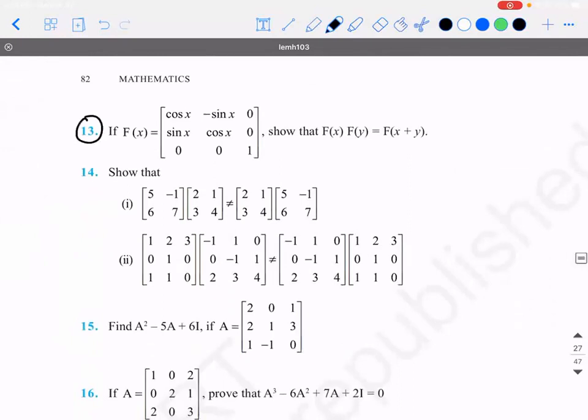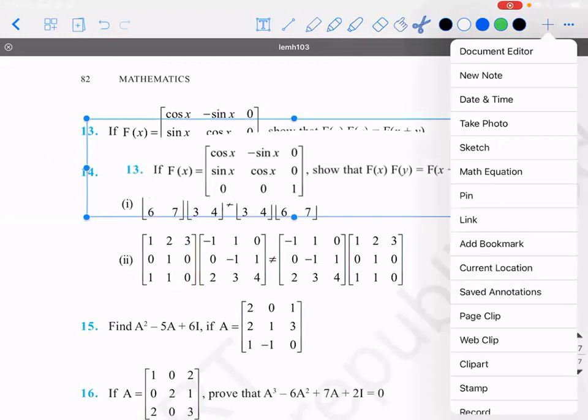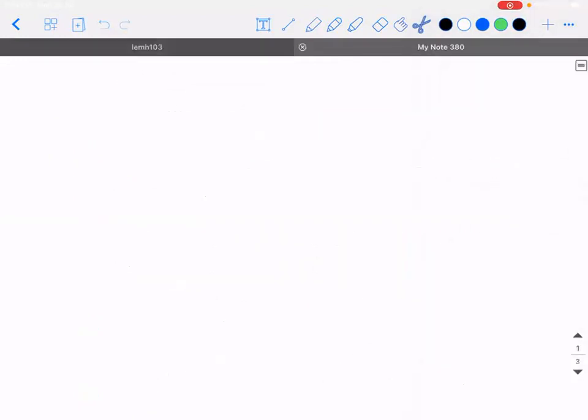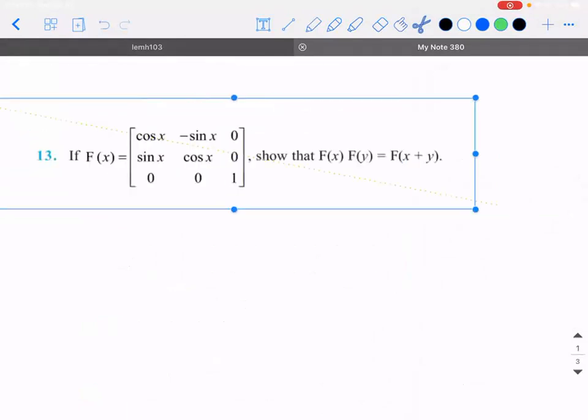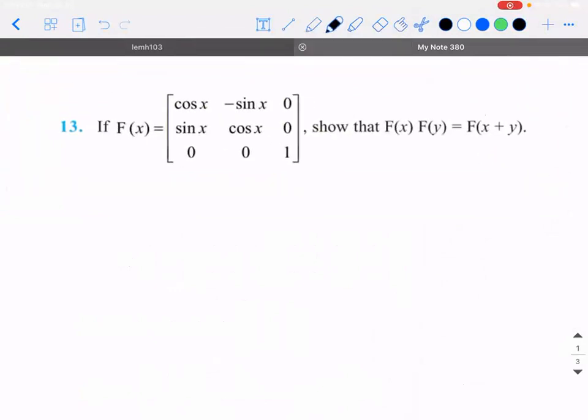Let's do the 13th one. Okay. So f of x is equal to cos x minus sin x 0. Let's do it separately. Guys, tell me what is f of x into f of y?